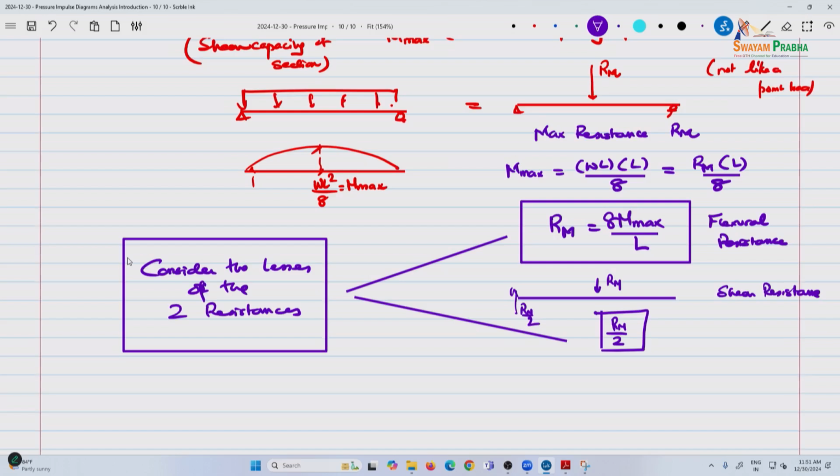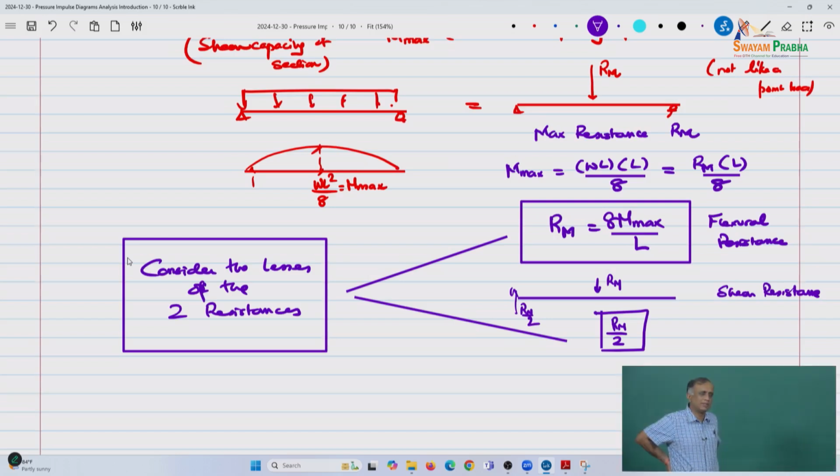What is an SDOF system, or the same question put two different ways: the SDOF system represents which response? Between these two, flexural or shear, it represents which response? The flexure response, right? So it represents the bending response.